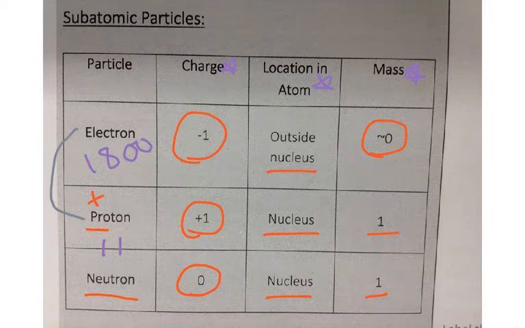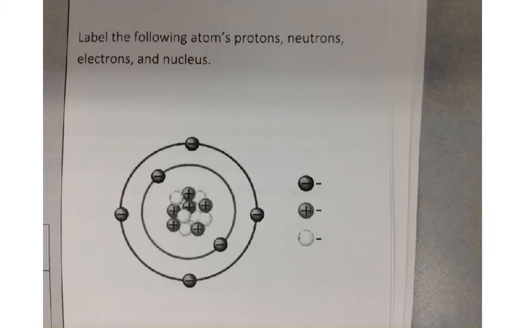So when we're looking at an atom, if we were to label these, electrons are located on the outside, so that would be the electron there. We do abbreviate it as an e with a negative because its charge is negative. The positive ones in the nucleus, this would be the nucleus, those are the positive ones right here.